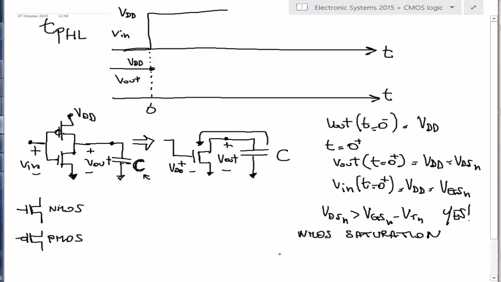So at 0 plus, the NMOS transistor is in saturation. This is useful because we know the current. The current IDS, which is also the current discharging the capacitor, is equal to 1/2 Kn times VGS N minus VTN to the second power. But VGS N is equal to VDD, so we can write 1/2 Kn (VDD minus VTN) to the second power.